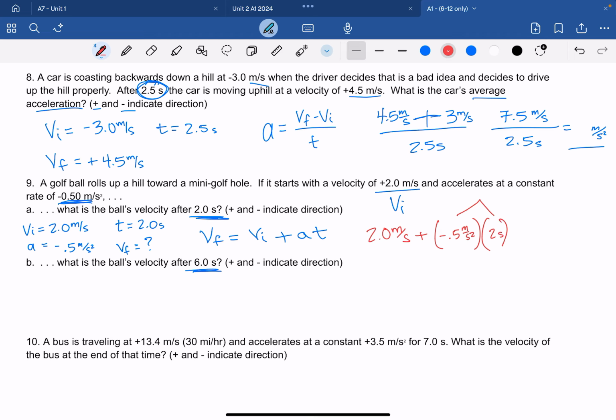So order of operations, multiply those two first and then add it to 2. And that will be your final velocity. And since it's velocity, it's not squared, it's just simply going to be meters per second. And hopefully you're going to get a velocity of positive 1 meter per second.